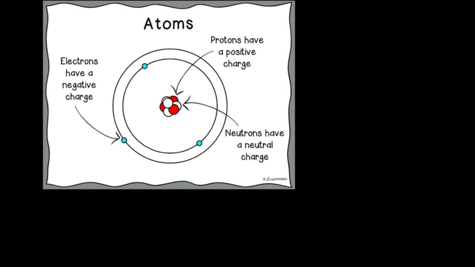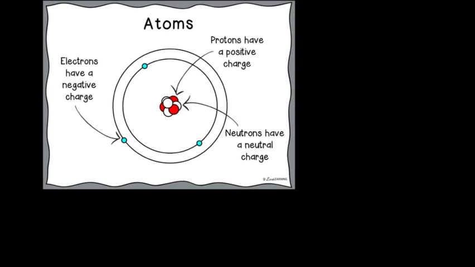So if we remember from our early discussions about atomic structure, protons have a positive charge, neutrons have a neutral charge, and both of those are trapped inside the nucleus of every atom, whereas electrons, which have a negative charge, orbit around the nucleus of the atom in energy shells or energy levels.